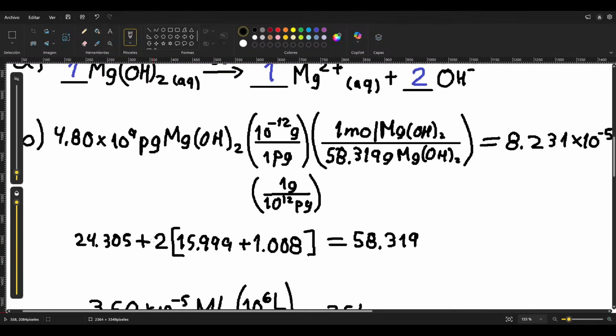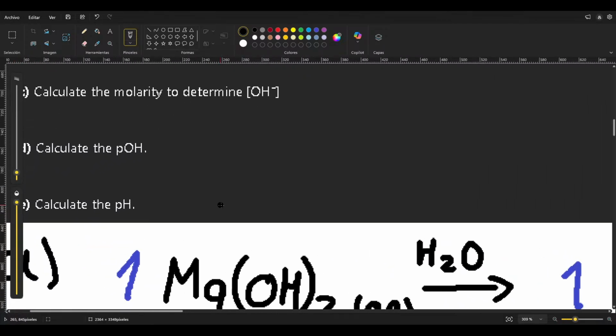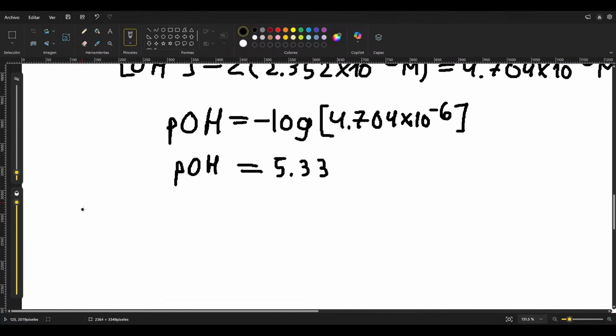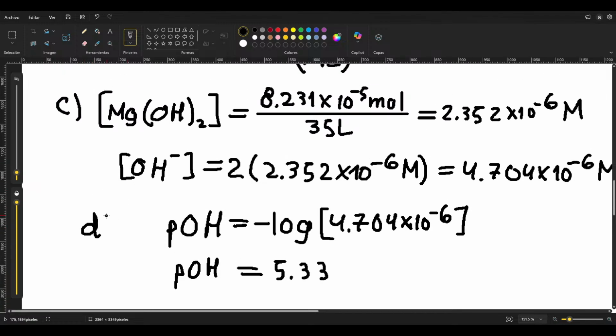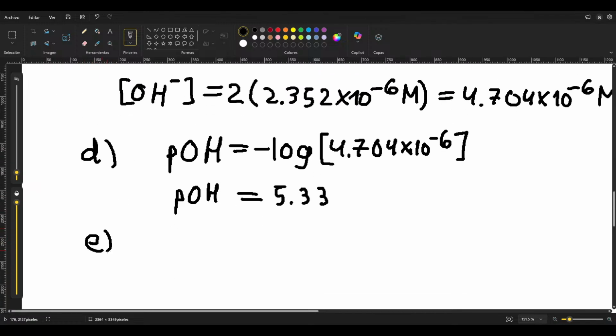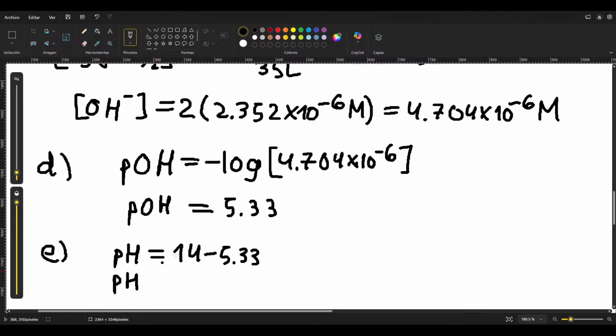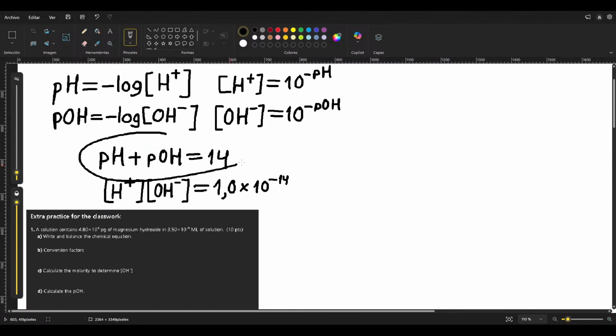Okay, that's the pOH. The last thing this asks for is the pH. Now, by the way, this is part D, and now part E, the pH. So basically, we subtract 14 minus the pOH because of this formula.